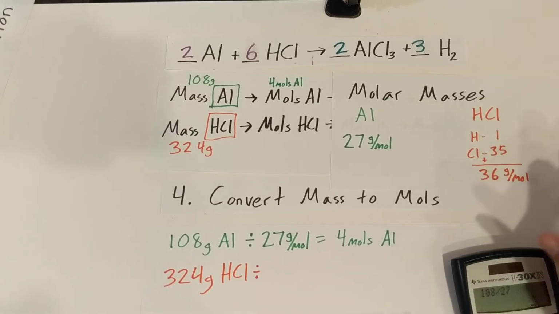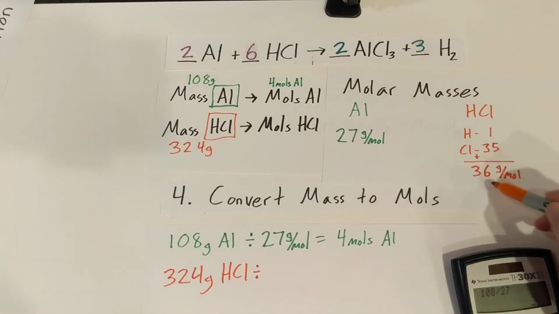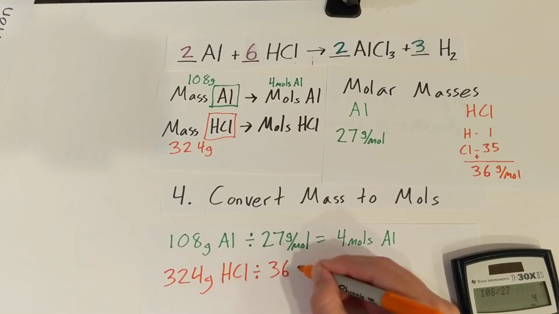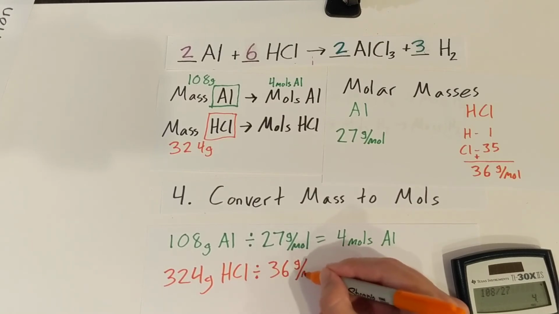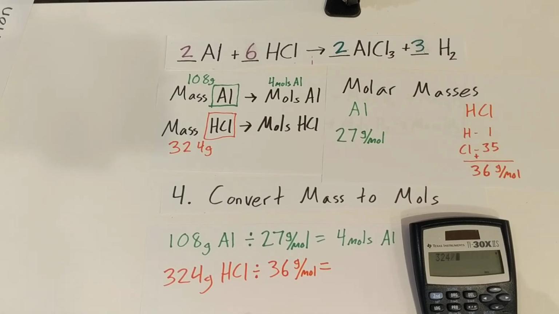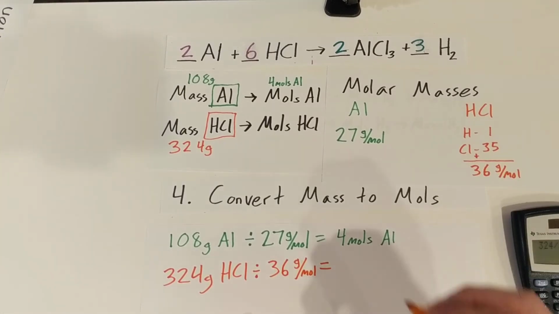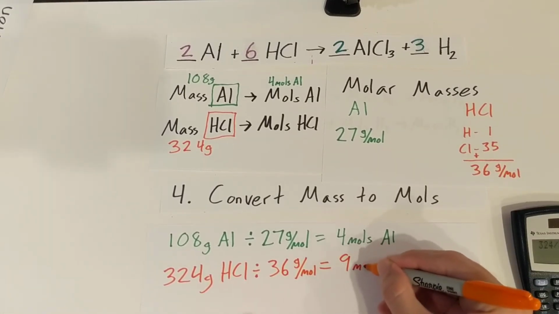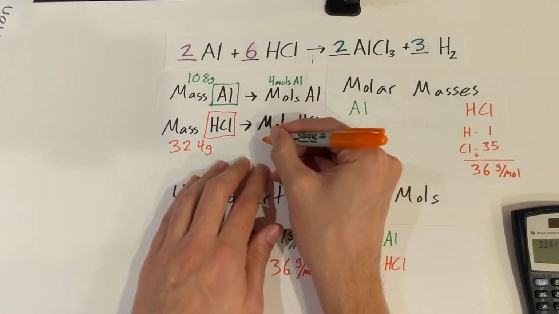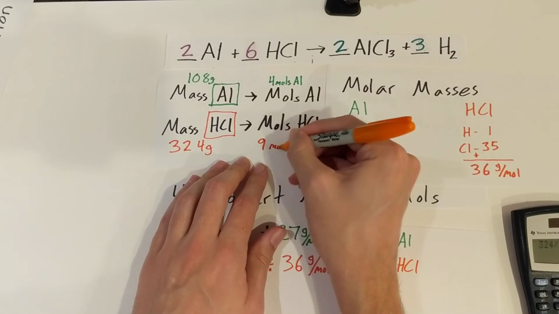So if I move this calculator, we can see our molar mass of HCl right here was about 36 grams per mole. And we could solve how many moles of HCl we got. So 324 divided by 36 is equal to 9 moles HCl. So we got 9 moles HCl. So we can put that right here.